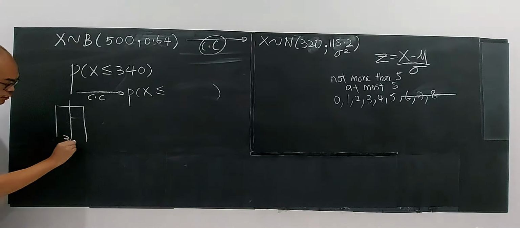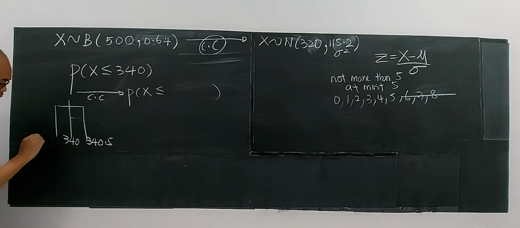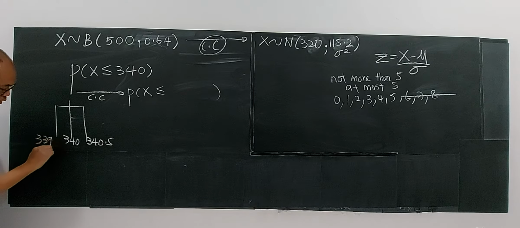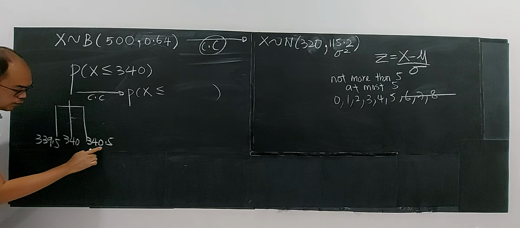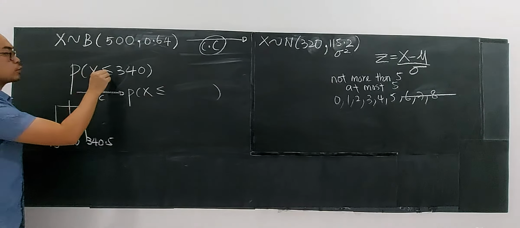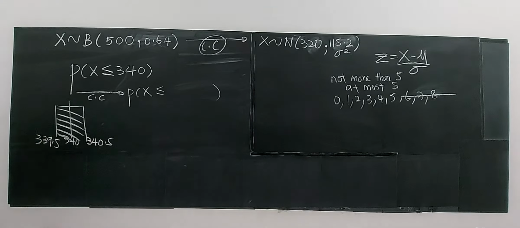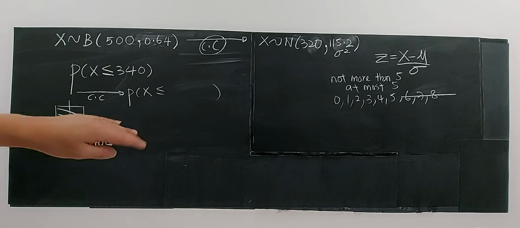So, 340. Here will be 340.5. Here will be 339.5, right? You add 0.5, and subtract 0.5 here. Is there an equal? If there is equal, color it.